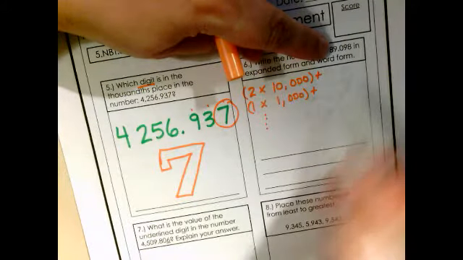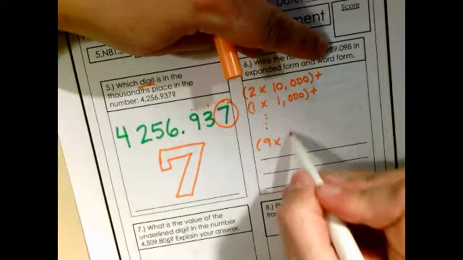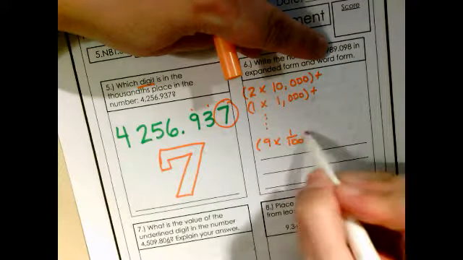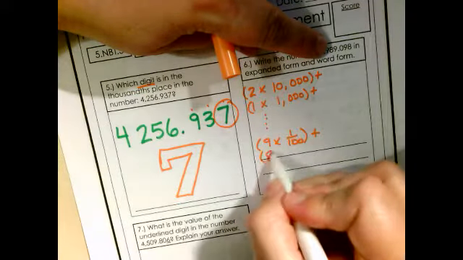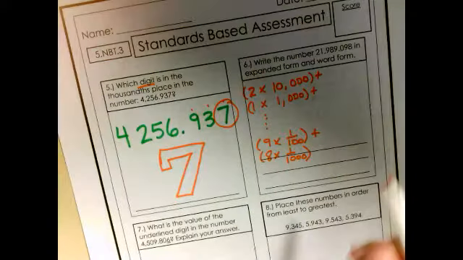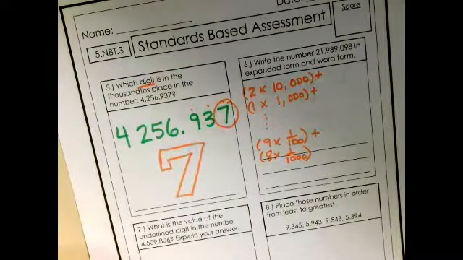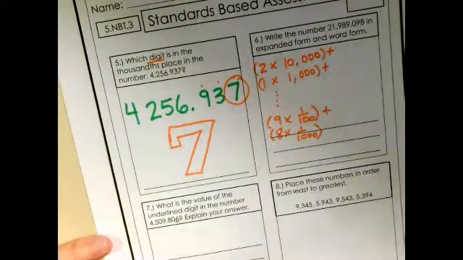And then over here for my decimals, I would have 9 times 1/100th, and then I would have 8 times 1/1000th. So I didn't do those there in the middle, but we did one of these early on, that very first one we did. Same situation, and then it just asks you to write that in word format.